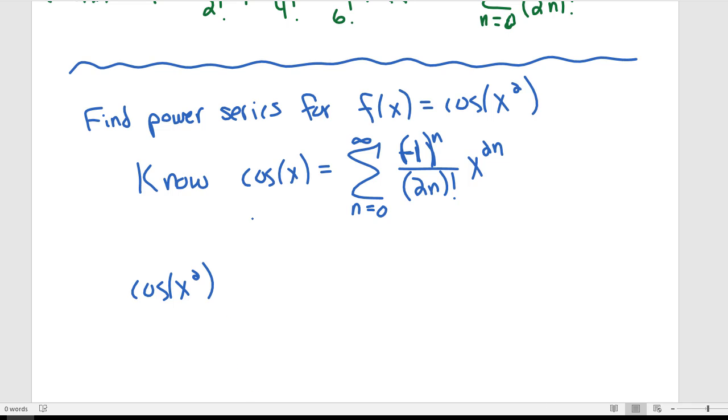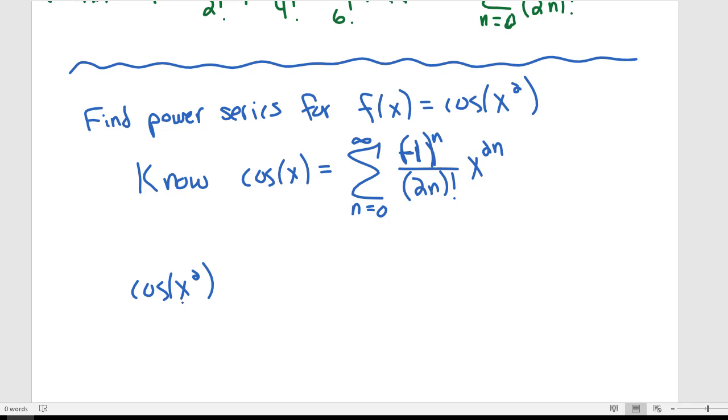I could think of this as cosine of u. Cosine of u is -1 to the n over 2n factorial u to the 2n. Cosine of blah is -1 to the n over 2n factorial blah to the 2n. Cosine of smiley face is -1 to the n over 2n factorial smiley face to the 2n. So the letter we're using here doesn't really matter.